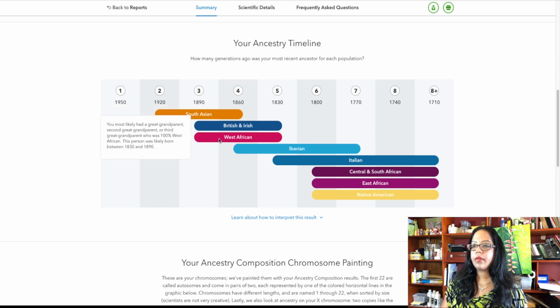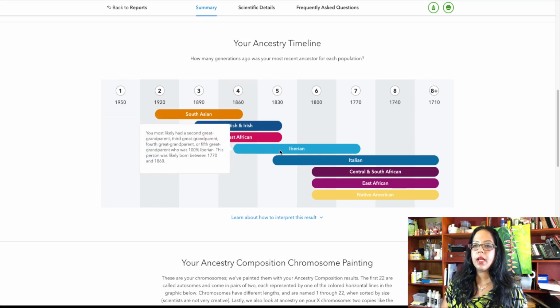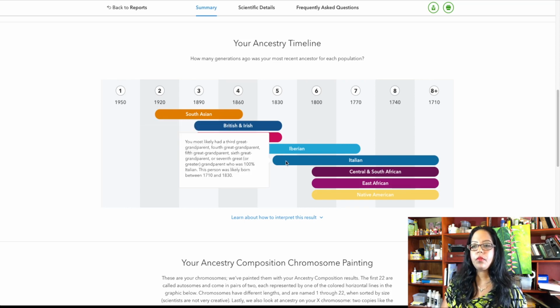And then if I hover over here, it says you most likely had a great-grandparent, second great-grandparent, or third great-grandparent who was 100% West African. And then going back to the fourth, spanning the fourth to the seventh generation, it says you most likely had a second great-grandparent, a third great-grandparent, fourth great-grandparent, or fifth great-grandparent who was 100% Iberian.